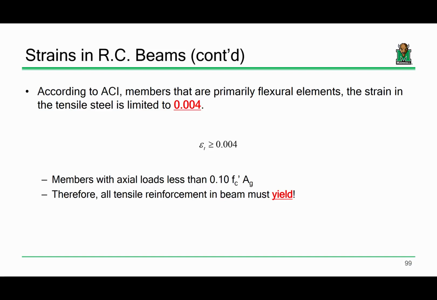What the code says is that any beam or element with a really small amount of axial load must have strain in the steel greater than or equal to 0.004. Basically that's the code's way of saying the steel has to yield. The code wants the steel to yield because they want the beam to behave in a ductile fashion. So let's talk about ductility.